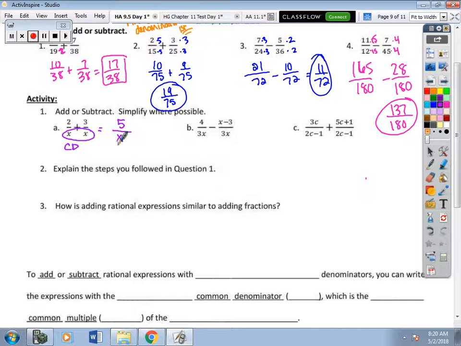Now the next one, we do also have common denominators. But this one is subtraction. What would I get whenever I subtract and simplify for this one? Because I am subtracting 2 things. I'm subtracting x and I'm subtracting a negative 3. So what should I get when I simplify that?